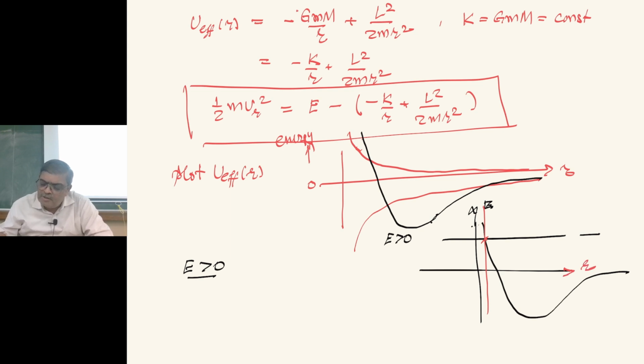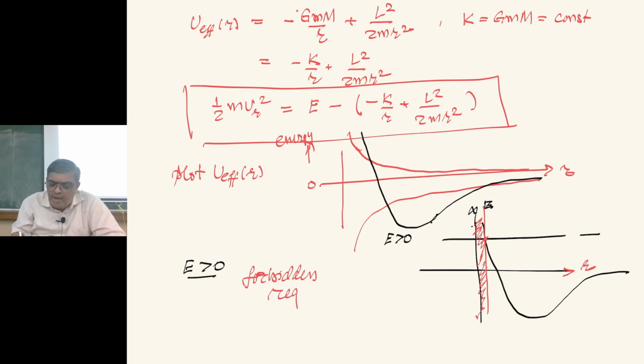So what happens in this region? In this region, the potential is larger than the total energy. So what does that mean? The potential is larger than the total energy. So this shaded region is called the forbidden region. Why is it forbidden?